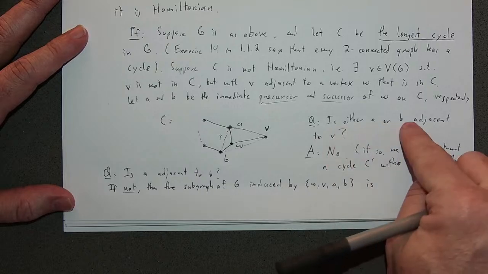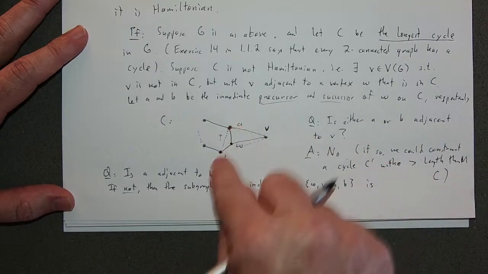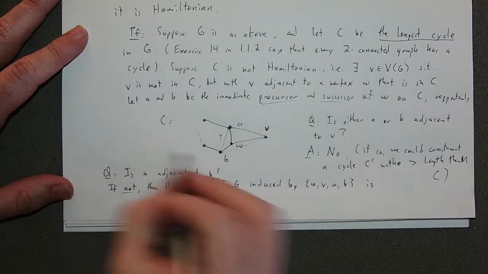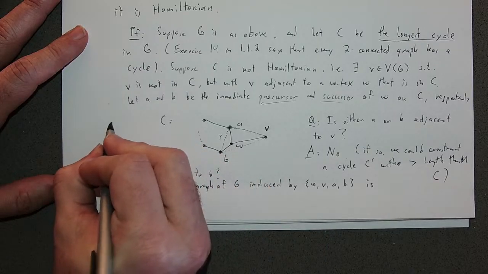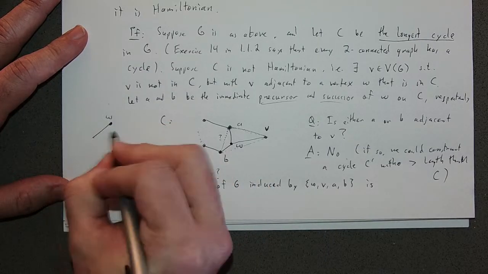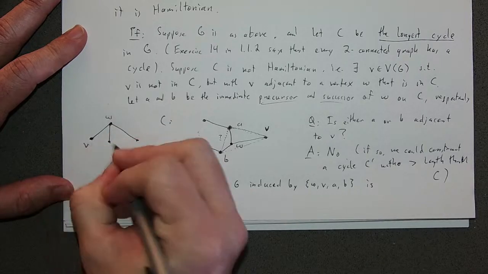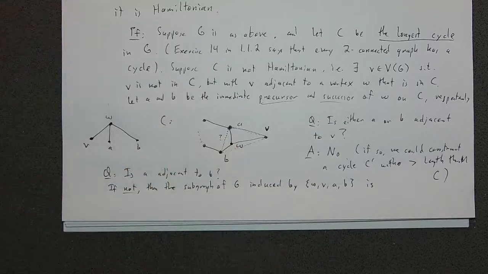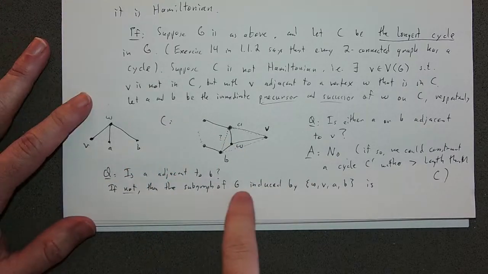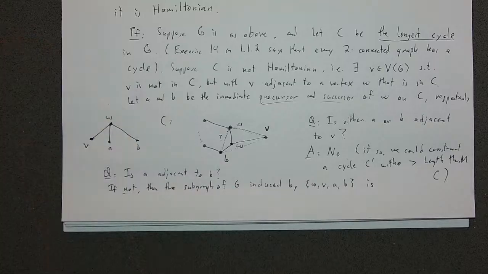Since A and B are not adjacent to V, if A and B are also non-adjacent, what does this subgraph look like? Here's W. Here's V. Here's A. Here's B. Because this is an induced subgraph, it means that when you induce a subgraph from some set of vertices, you take all of that set of vertices and all of the edges, both of whose endpoints are in that set of vertices, right?